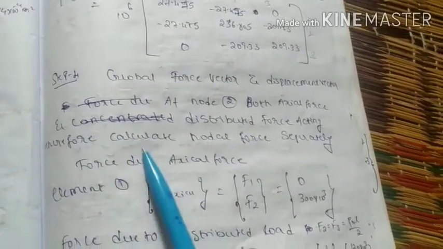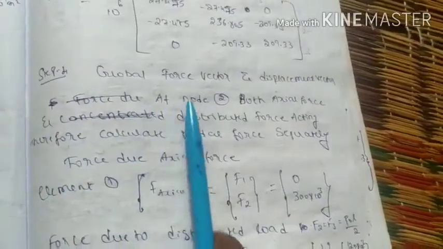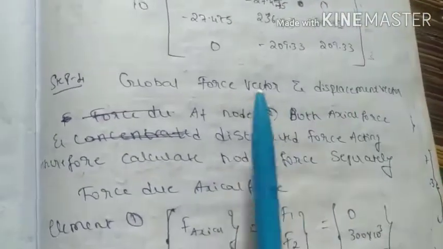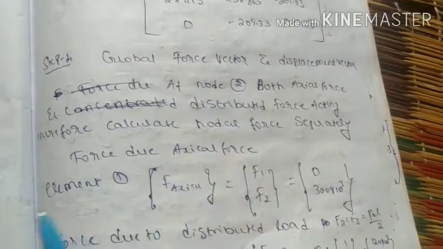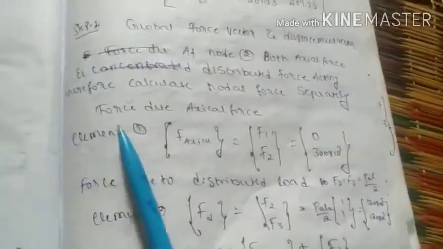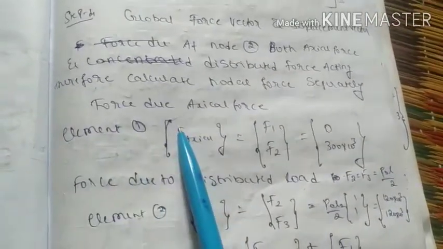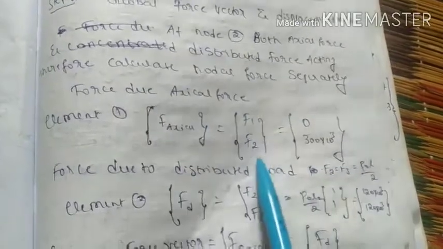So keep this in mind, when you are writing the force vector at node 2, both axial force and distributed load are acting, therefore calculate the nodal force separately. That means you can see now I have taken the nodal forces separately. For element 1 we are considering axial force, that is F1, F2.